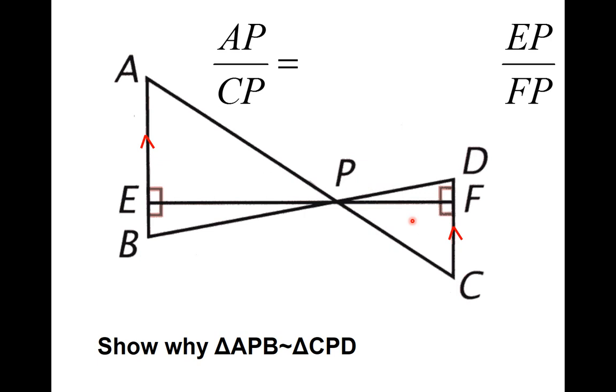If these triangles are similar, we have several ratios that have to be true. The long side of this triangle put into a ratio with the long side of this triangle. That ratio would have to be equal to the shorter side of the large one to the shorter side of the right-hand triangle.